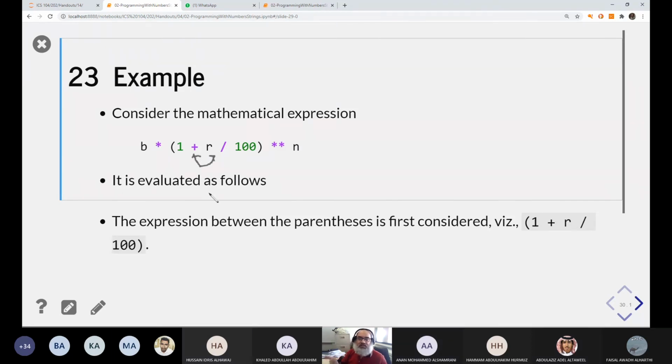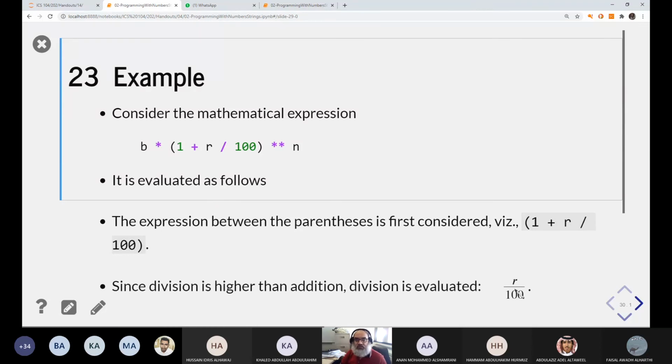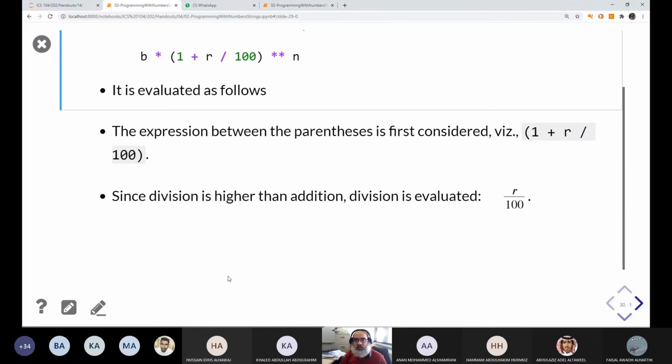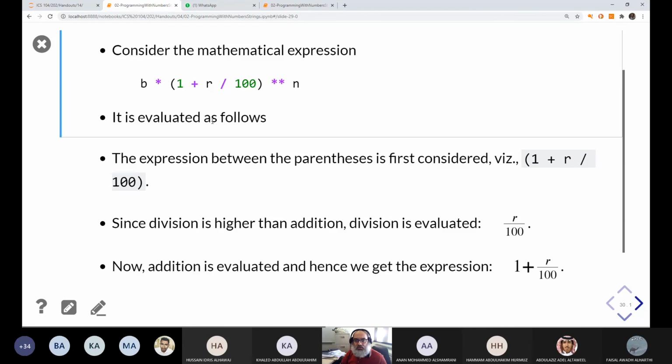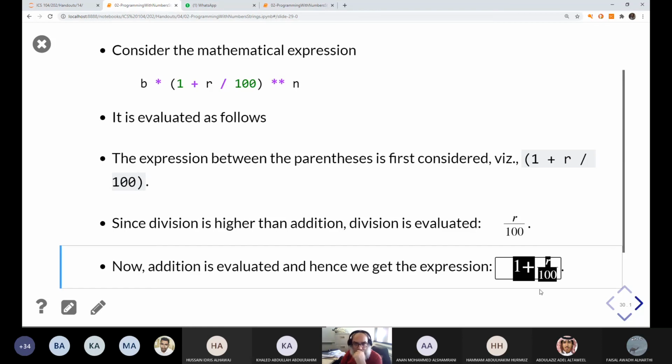So we will start with r over 100, and then after that, you add 1. So we evaluate the addition, 1 plus r divided by 100. Now we are done with the parentheses. So parentheses first, then division, and then addition.